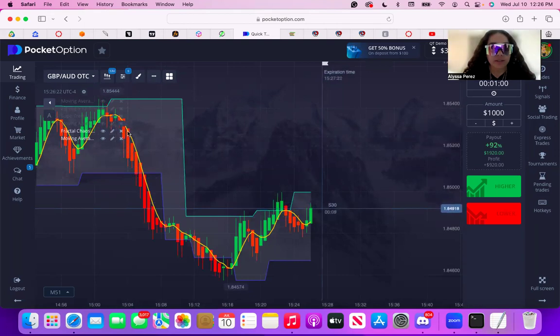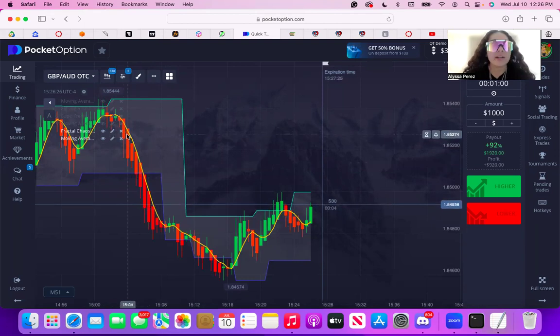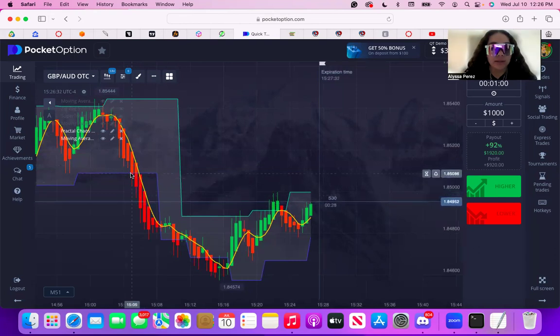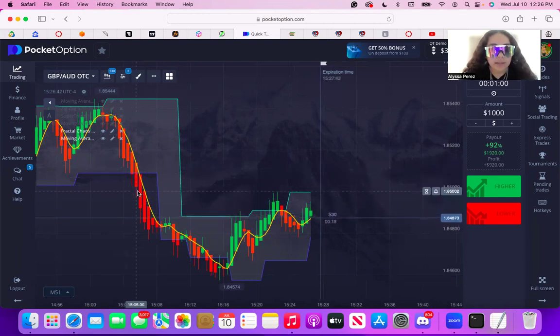As you see this downtrend that came down all the way to here, within the strategy, we would have seen that it broke out of the barrier. Initial breakout was here. We would have waited for the second candlestick to push out, and it did.